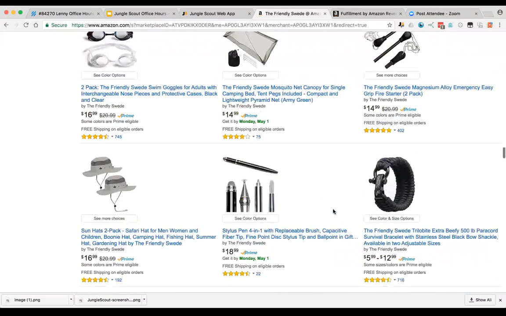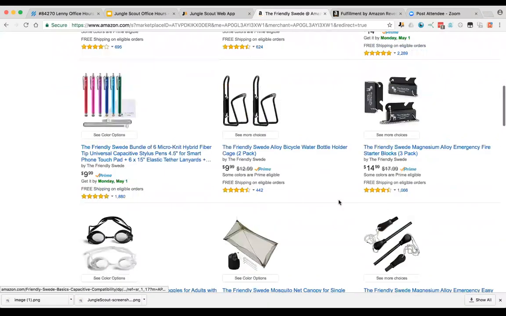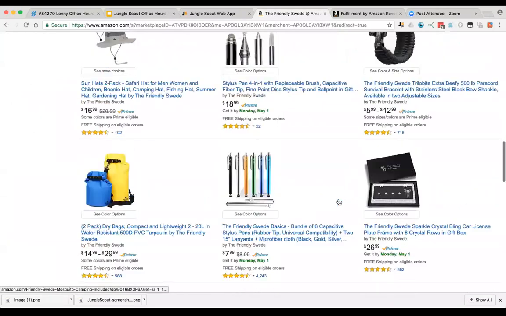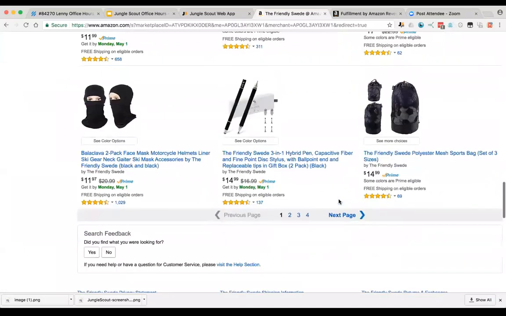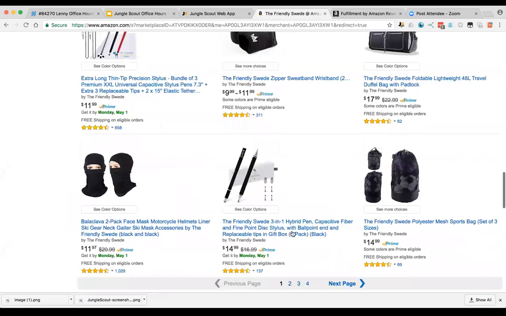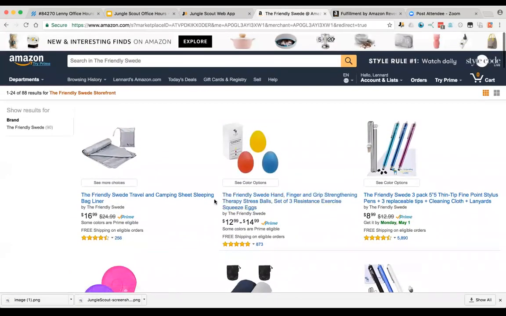This could be a private label seller for all I know, because they do seem to have a big variety of products here. I think often it will show you the best-selling products from a particular seller. It doesn't look like it is in this case, but sometimes it will say these are the best sellers.